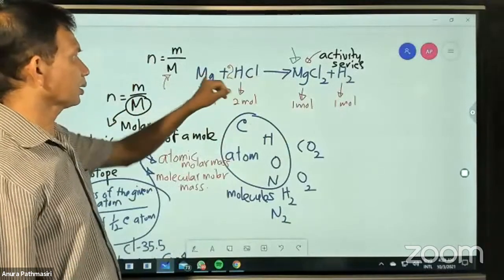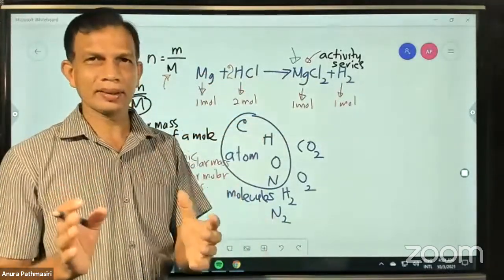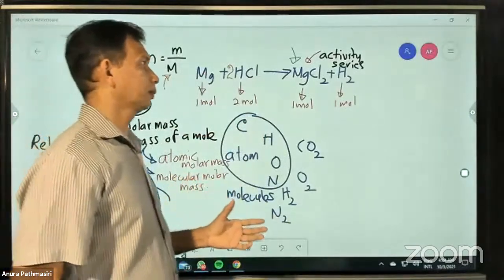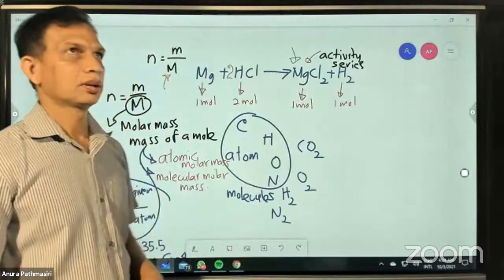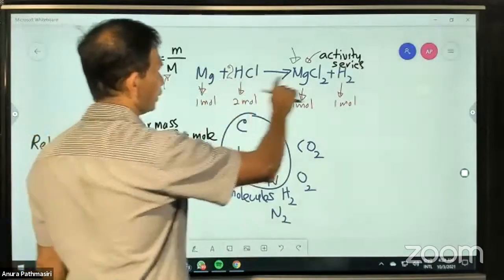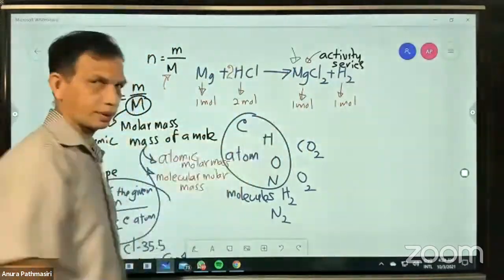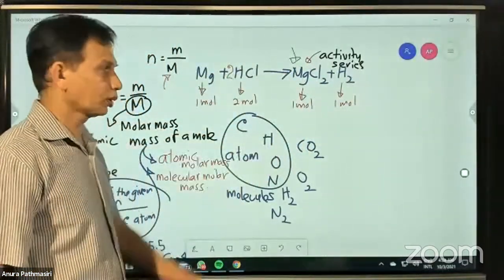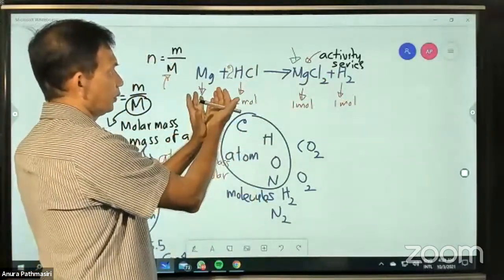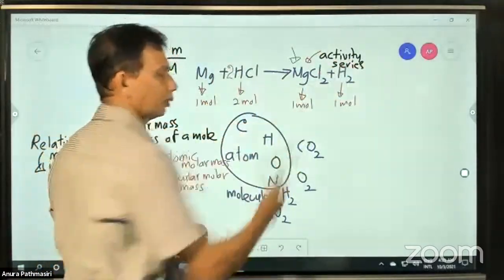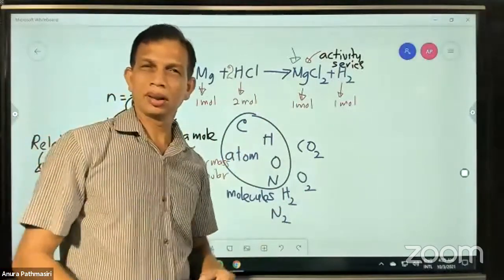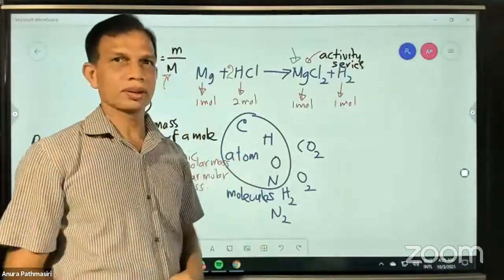When we balance a chemical reaction, it is according to the law of conservation of mass: whatever the amount of reactant should be the amount of product, if the reaction occurred in a closed system.